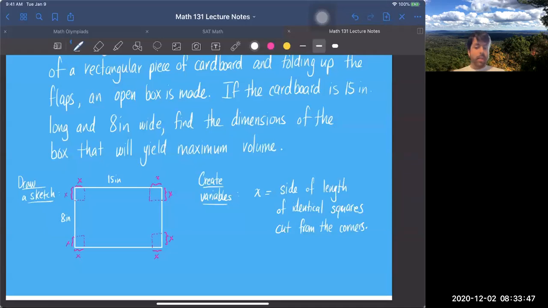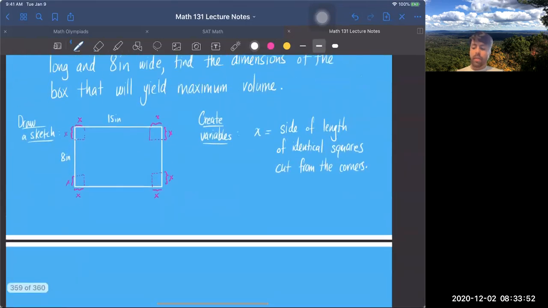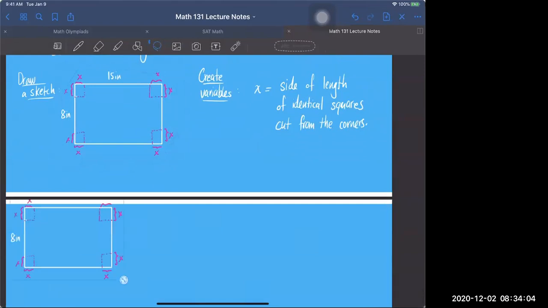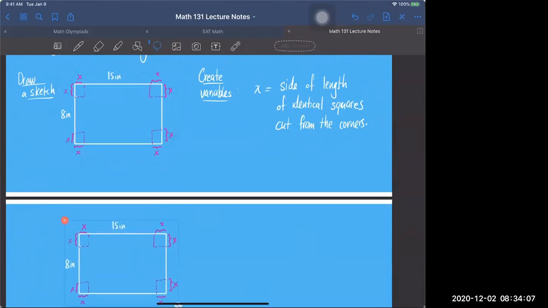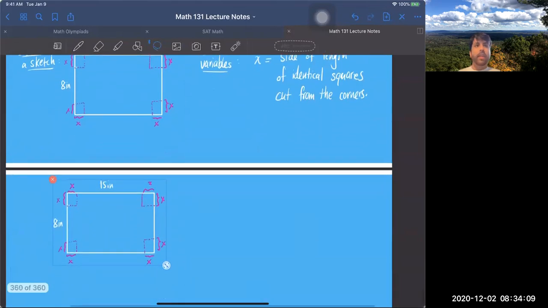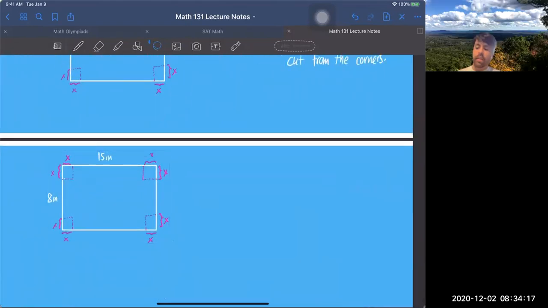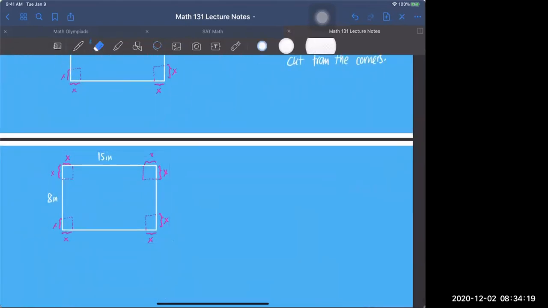Now, let's cut them out. What happens if I cut them out? It's going to look weird. So let's see what happens. You won't have 8 inches then, right? You will have less.